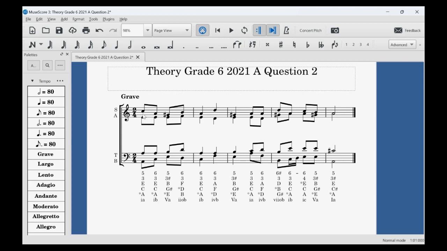From A to S, we can see that E to C is a sixth apart. And then we check S and T. T is A, S is C, so that's a third apart. Then we check S and B. B is A, this is a C, so A, B, C. So this is a third.